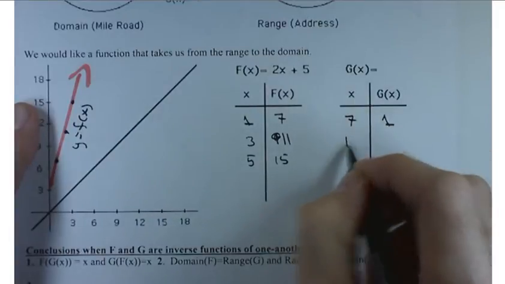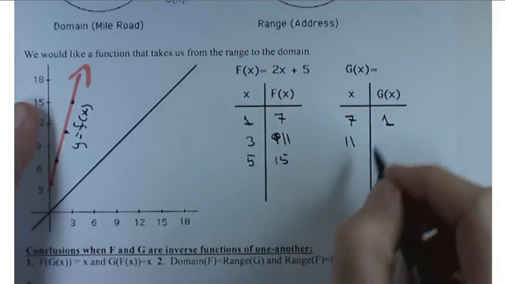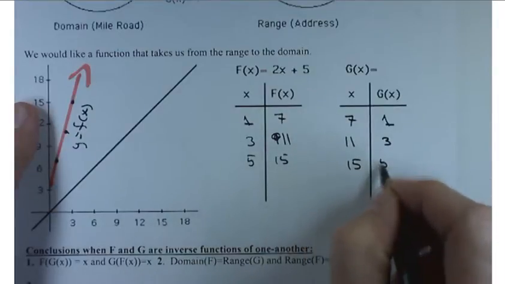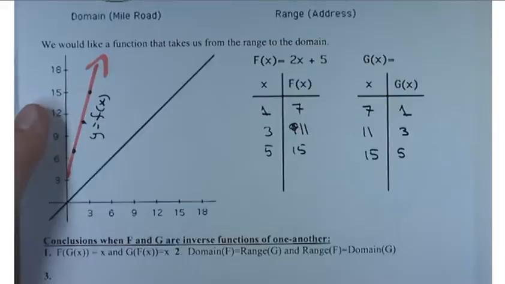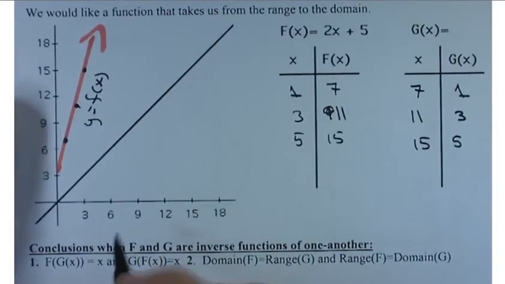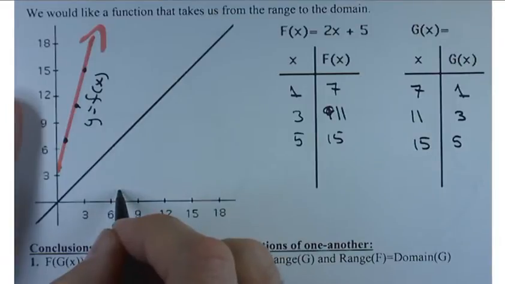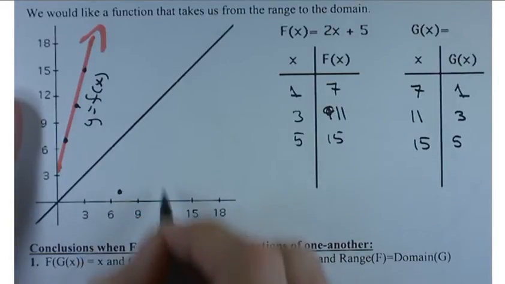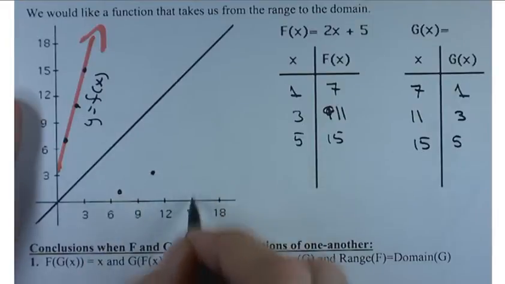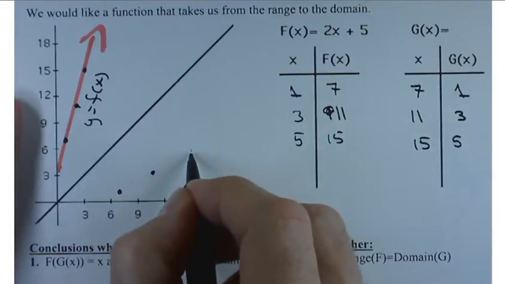If I put in an 11, 3, and then last but not least, 15 and 5. So let's plot these. 7 and 1, 11 and 3, and then 15 and 5.